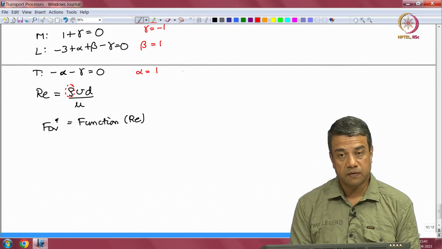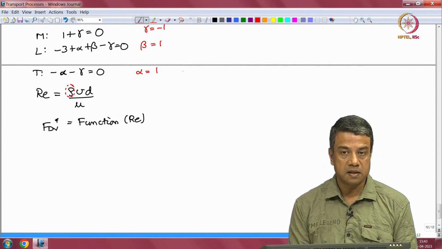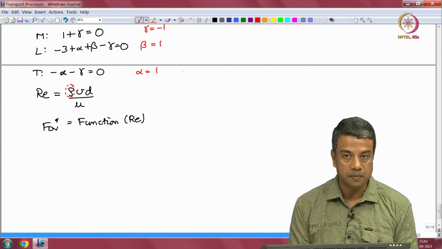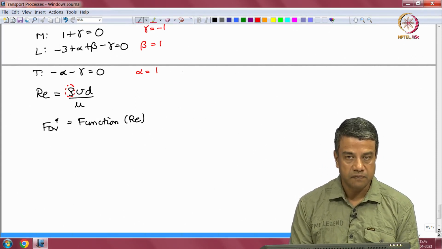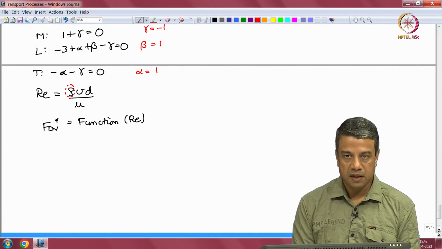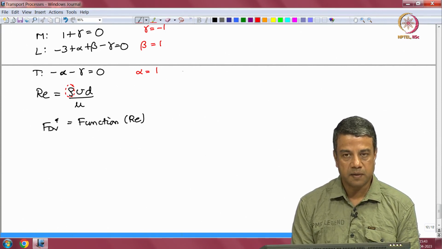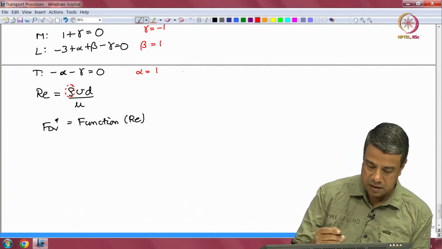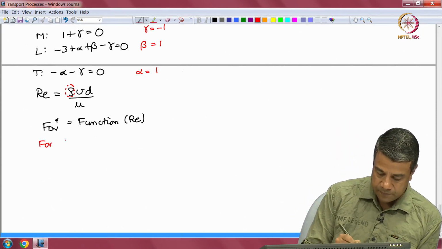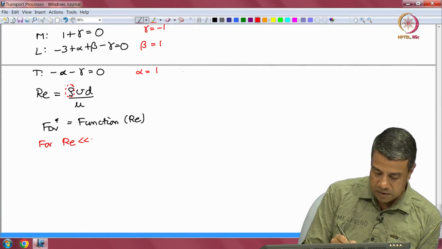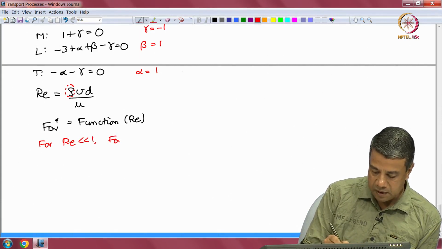So, now you have only 3 independent parameters: viscosity, velocity and diameter. And when you have only 3 independent and 1 dependent parameter, that means that for the Reynolds number much smaller than 1, this f dv has to be equal to a constant.